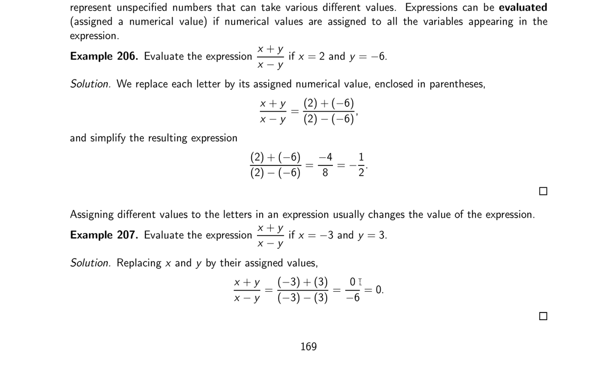So on the top we get 0. On the bottom it's negative 6. And then this fraction simplifies to just 0. So the best answer here is 0. Everything disappears.